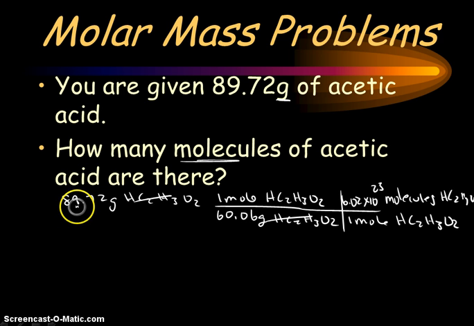So we'll take 89.72 times 6.02 times 10 to the 23rd divided by 60.06. We've got 4 digits in our number, so we're going to round our answer to 4 digits. So we'll get 8.993 times 10 to the 23rd molecules of HC2H3O2.